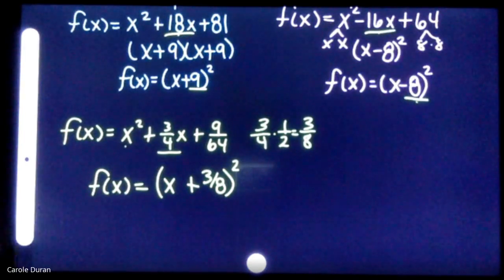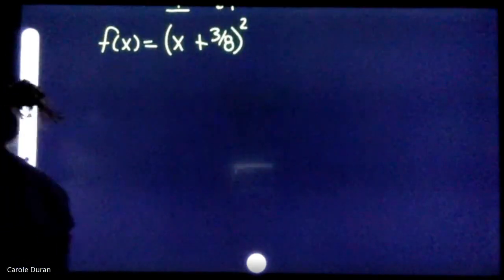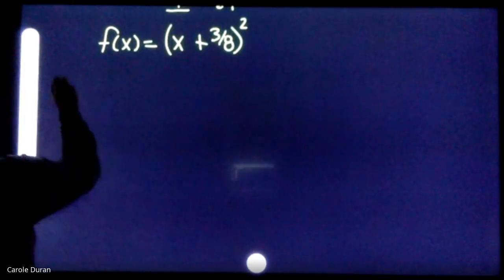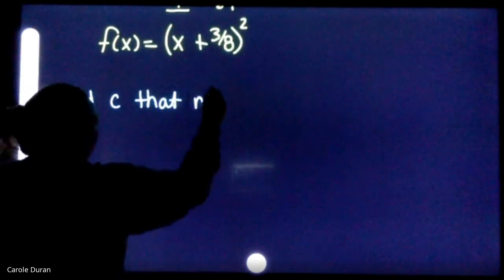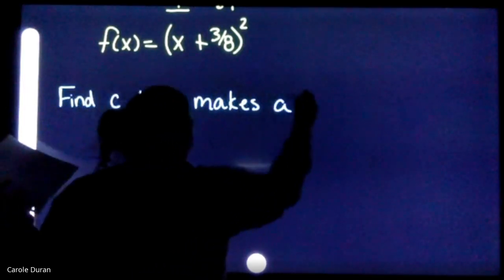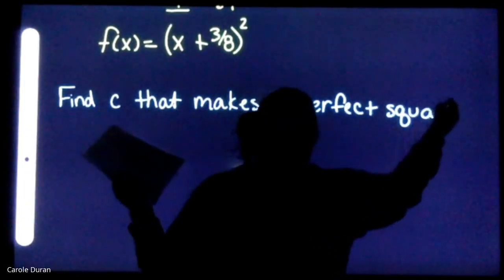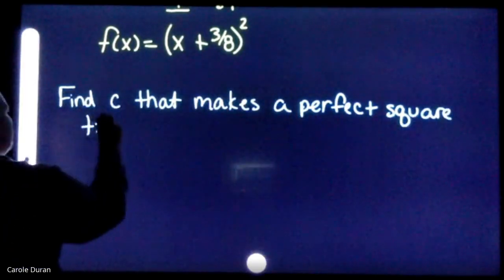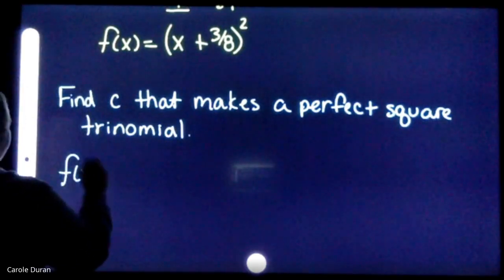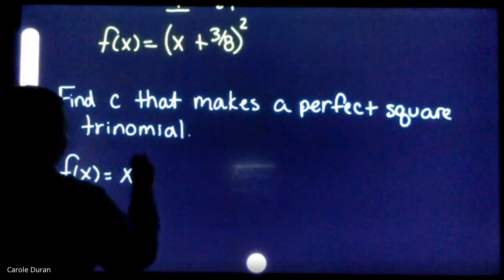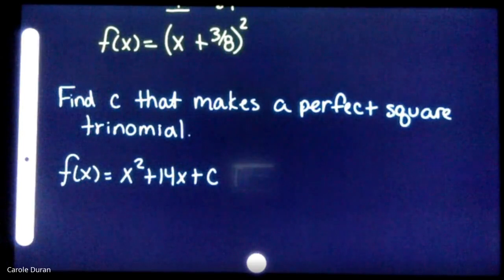This comes in handy for this next portion that we're going to do. On these next problems, I would like to find the value c that makes it a perfect square trinomial. So on this first one, I have x squared plus 14x plus c.